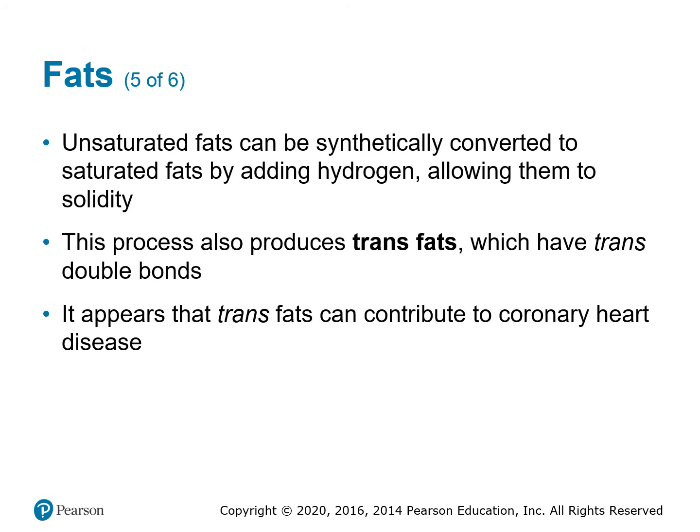There is a way to convert an unsaturated fat, a plant fat like a vegetable oil, to a solid at room temperature like margarine, through this process known as hydrogenation. And this can lead to the formation of what we call trans fats. This is cross links between the fatty acid tails. And these trans fats are a particularly unhealthy form of fat.